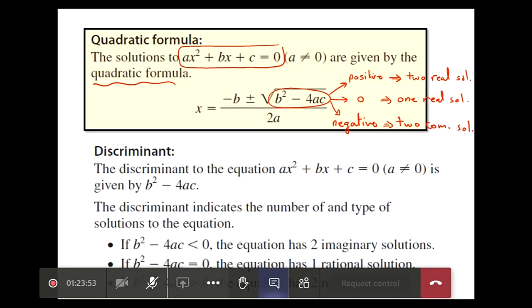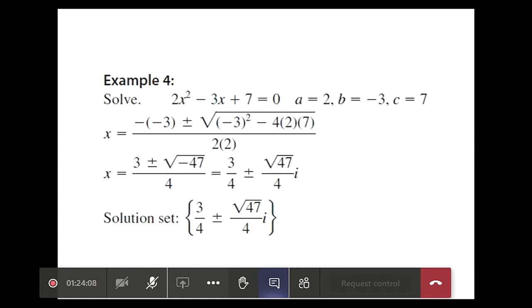Now, okay, the example about this, look at, we have here a equal 2, here b equal -3, here c equal 7.